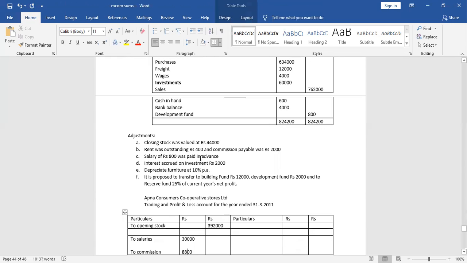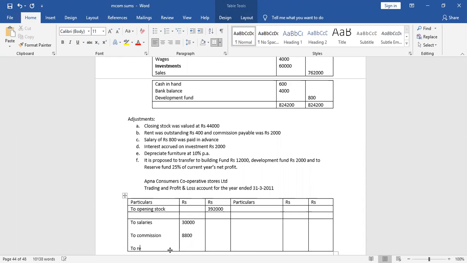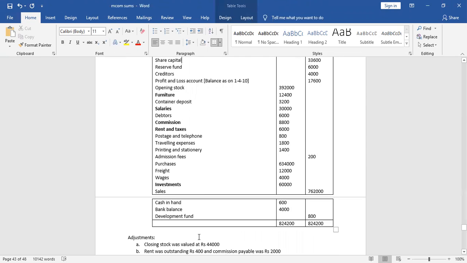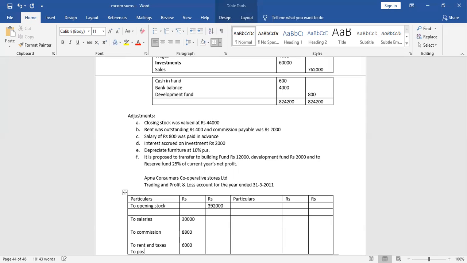Again, there is an adjustment, 6,000. To rent and taxes 6,000. Then what else we have? Postage and telegram 800. Sorry, it is 800.